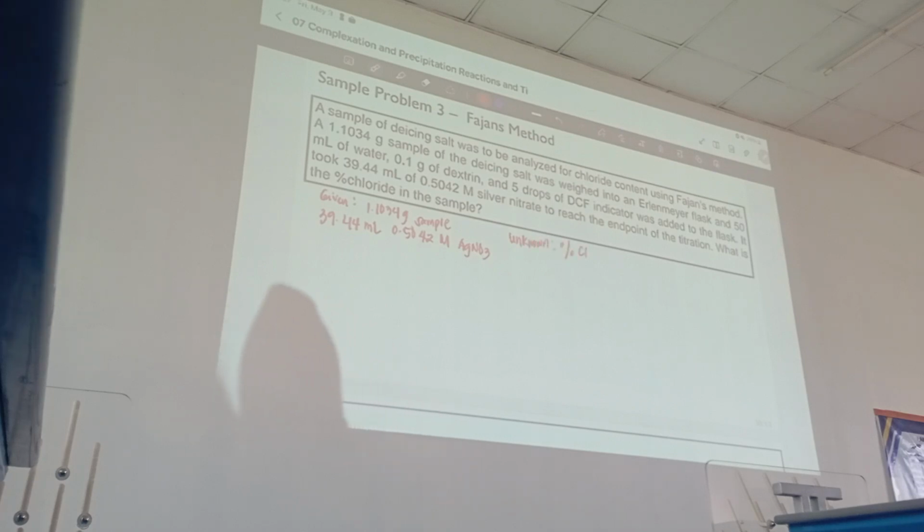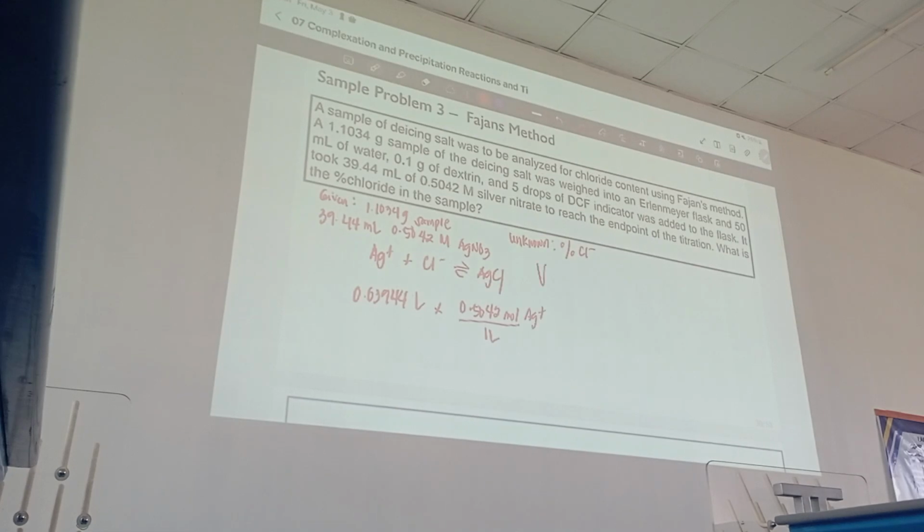Percentage of Cl-. So the reaction: Ag+ plus Cl- gives AgCl. So you have 0.03944 liters times 0.542 moles per 1 liter of Ag+.